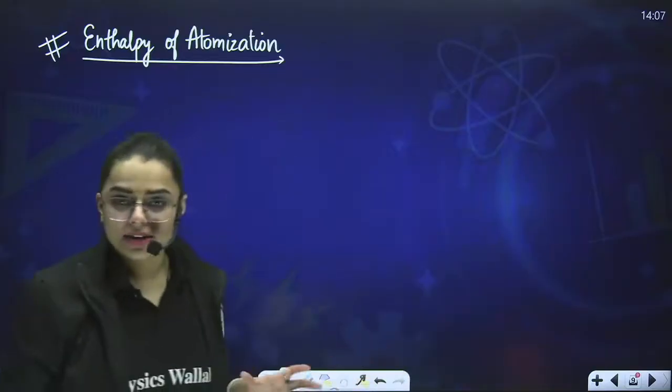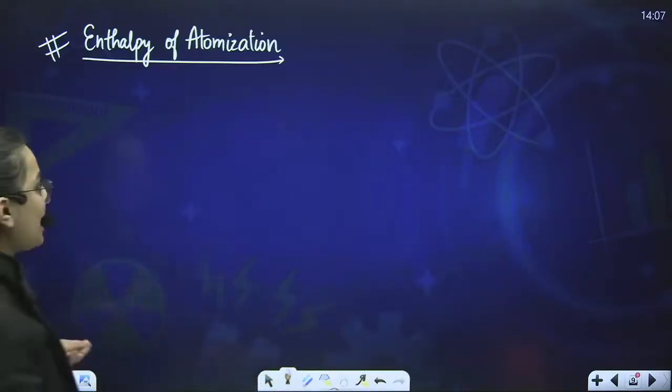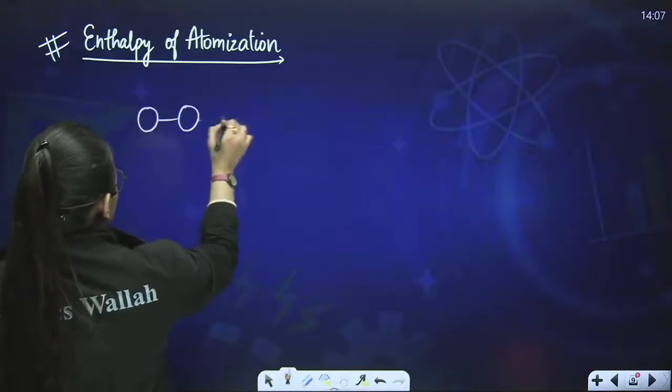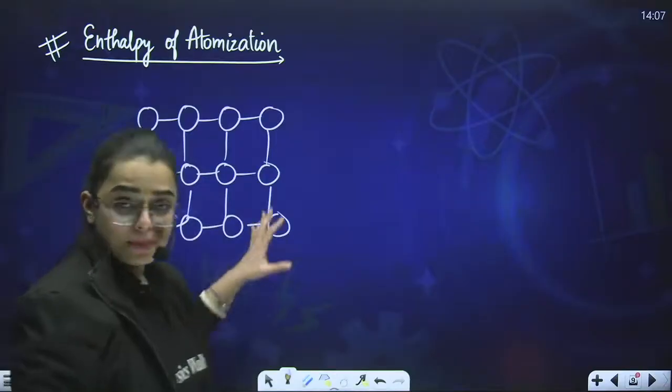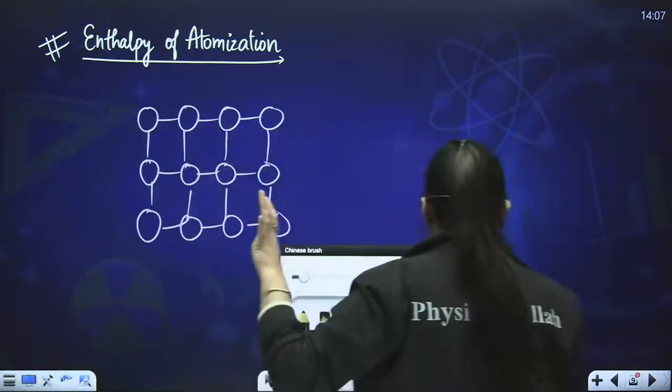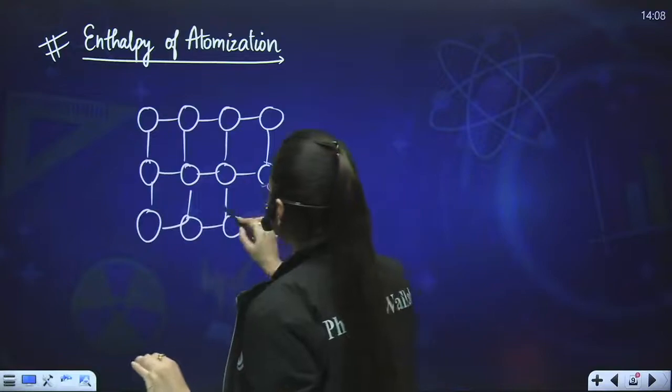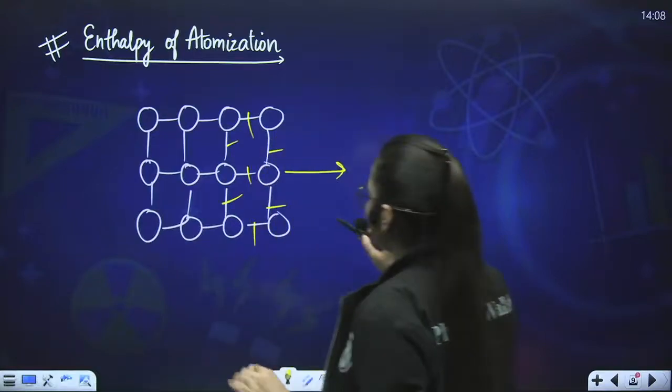As I've told you, the transition elements have a tendency to form the lattice structure. That means they can form this kind of structure because they have a tendency to form the crystal structure. Am I right? Now, what happens over here is the amount of energy that you require to break these bonds so that they can be converted.